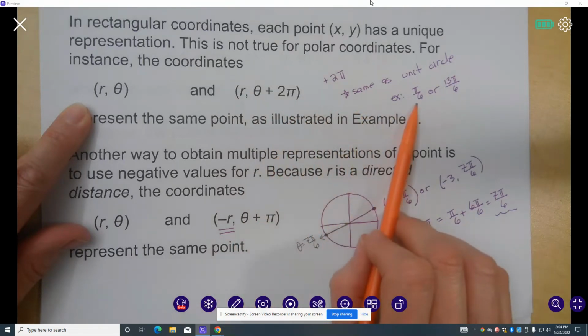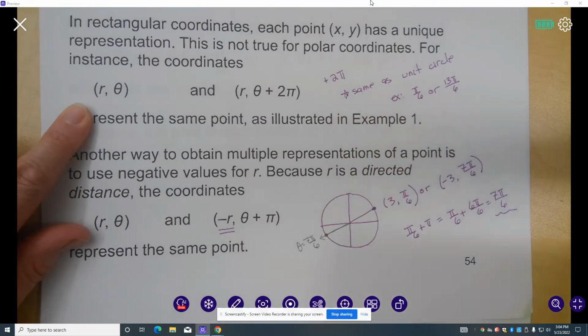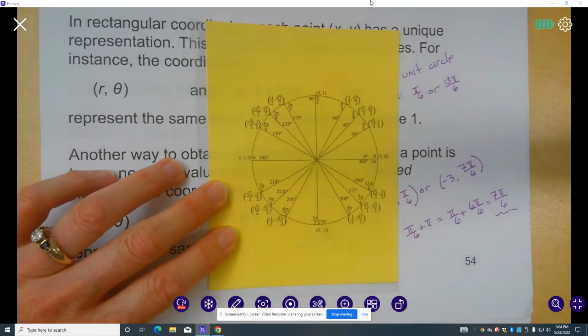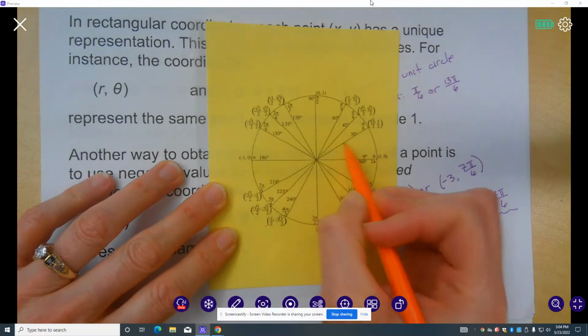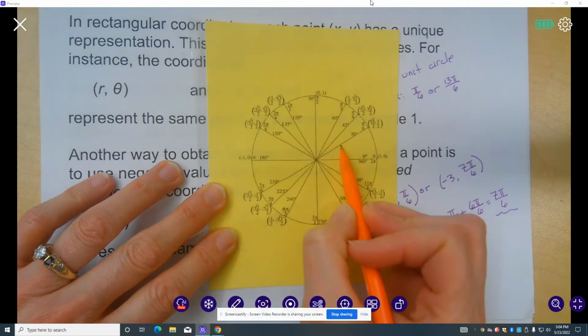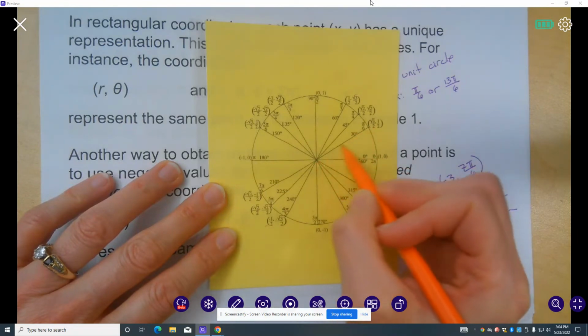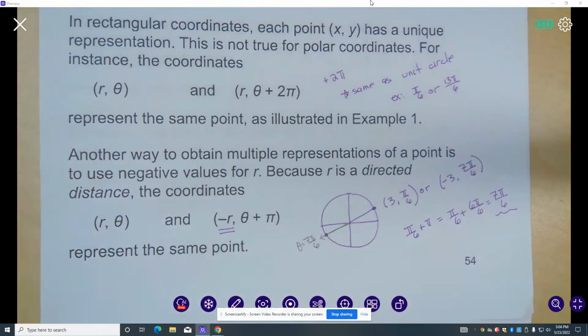So for example, if I start with pi over 6 and I add 2 pi to it, I end up with 13 pi over 6. So that's the same thing we did for unit circle. We said this angle is pi over 6, or if I go all the way around and then back up to that same terminal side, that's 13 pi over 6, but it's representing the same terminal side.